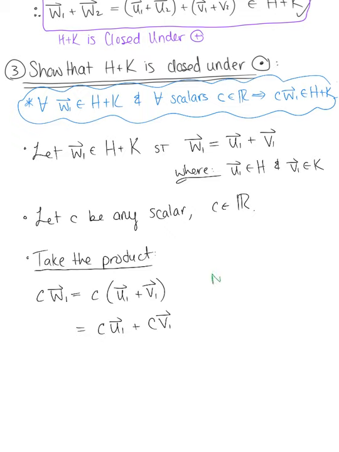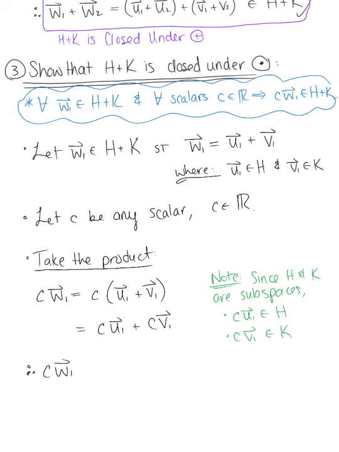And again, we'll make a little note to ourselves here that since H and K are subspaces, we already know by definition that C times vector U sub 1 is in subspace H, and that scalar multiple C times vector V sub 1 is an element of the subspace K. So therefore, our scalar multiple C times vector W sub 1, being equal to C times vector U sub 1 plus C times vector V sub 1, is an element of H plus K, which is what we wanted to show.